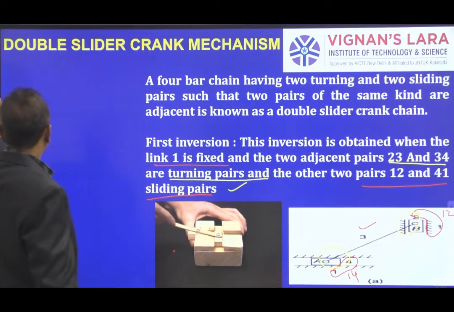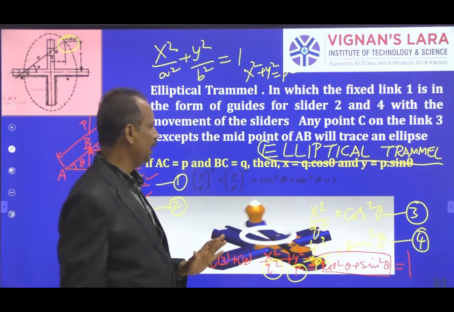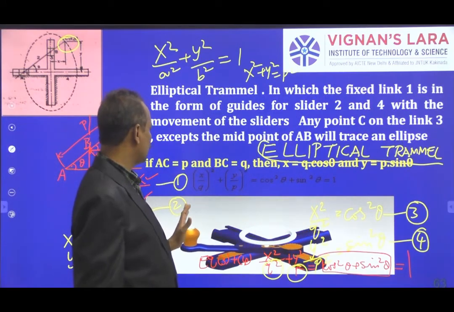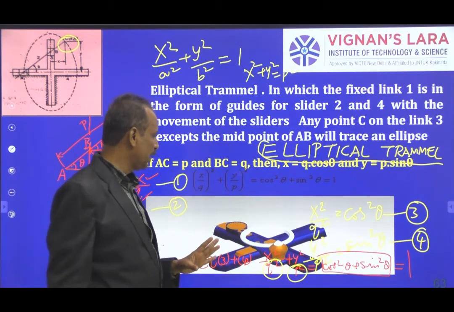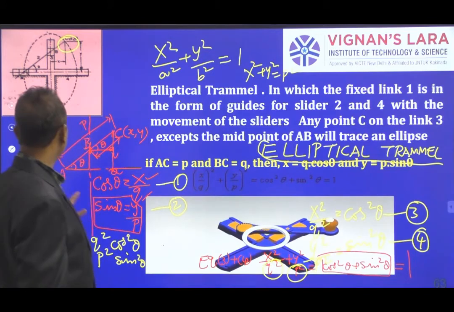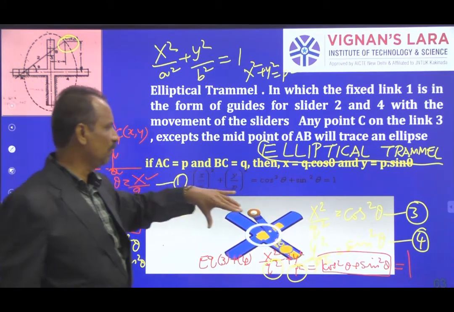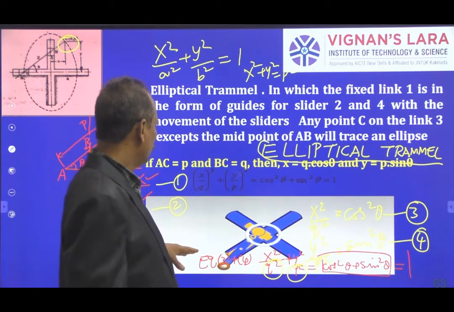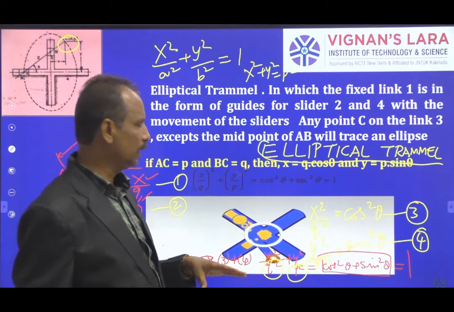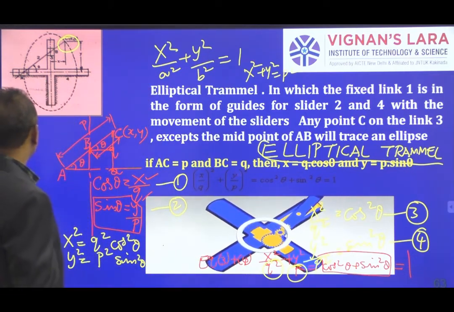That can also be used to obtain a circle, but nobody uses it for a circle because a circle can be generated very simply, whereas ellipse generation is different. That is why in olden days, not nowadays, to get an elliptical path or elliptical motion in certain practical applications, they used to use this mechanism.